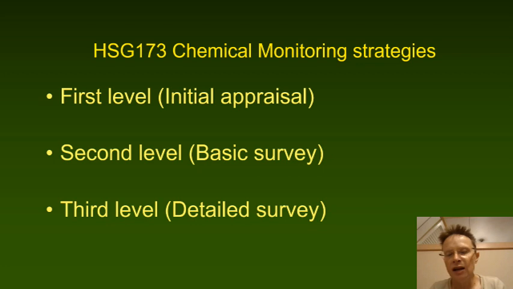You might then do a second level basic survey using some Draeger tubes and things like that. But if we've got some high-risk chemicals, we're going to have a third level detailed survey, and that's the one that we would normally expect to involve our occupational hygienist in. They're going to have the specialist equipment and be able to advise us on what we need to do, how many samples we need to take, and we're going to get hopefully some more reliable results from that sampling.